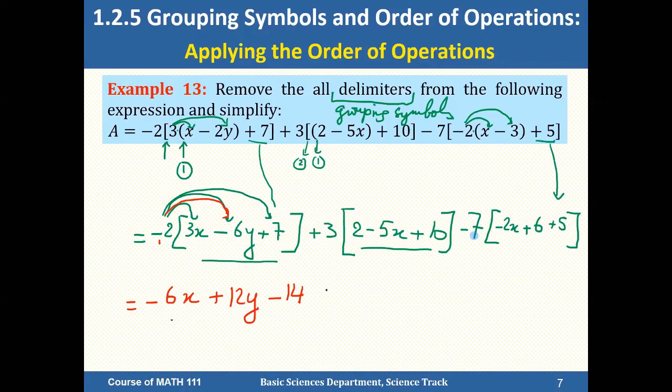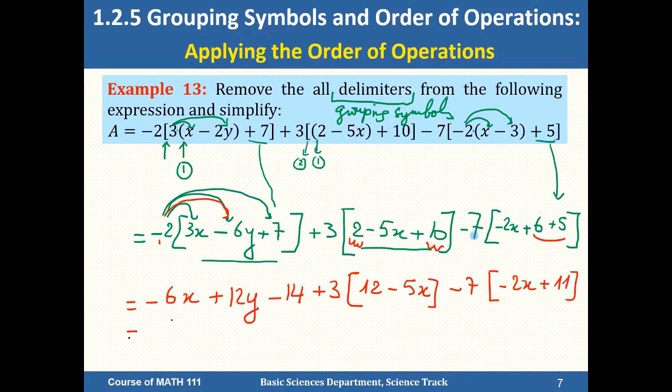What did we say here? We said before distributing we can simplify. 2 plus 10 is 12. Here can we simplify? Yes. Here also we simplify before distributing. Minus 2x and this 2 gives me 11.